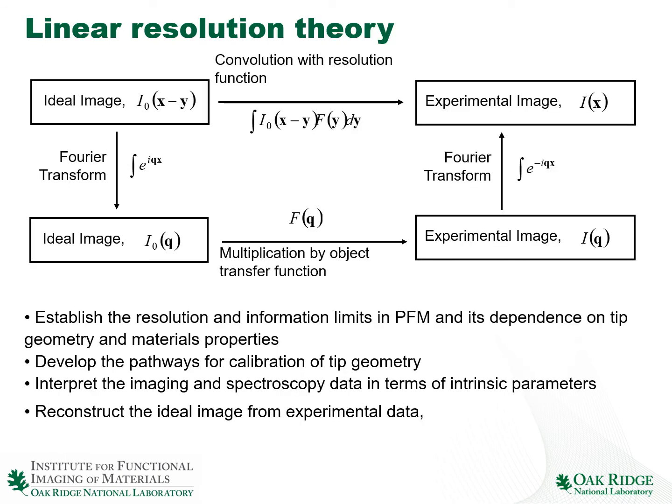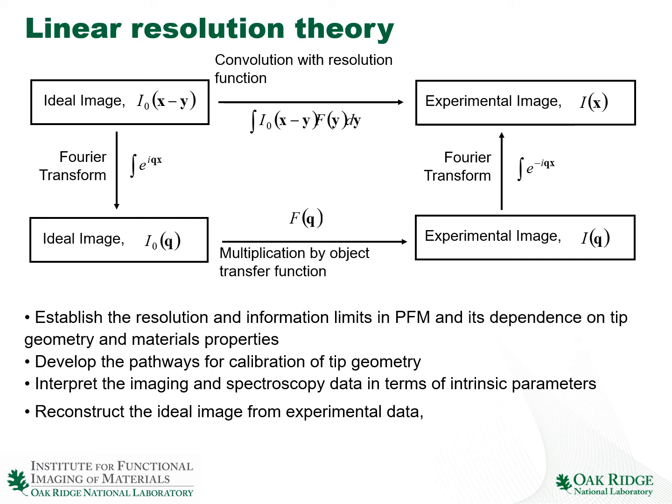So clearly, this is a very simple definition, and the more sophisticated approach is the so-called linear resolution theory. Basically, the linear resolution theory says that the ideal image can be represented by some spatially dependent field I0.